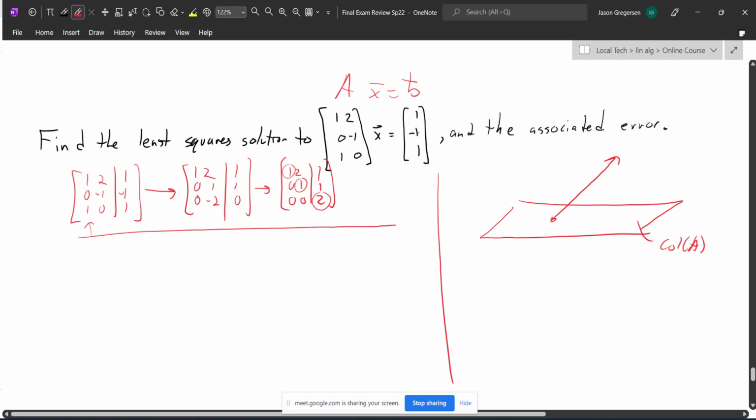So instead what I'm going to do is take my vector B and project it onto the column space to calculate my B hat. Now, since B hat is in the column space, I could now solve AX equals B hat to find my best approximate solution.